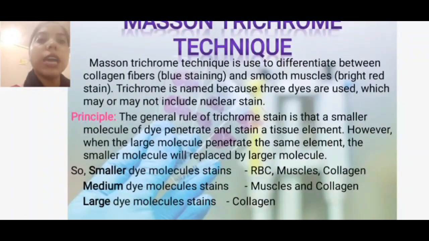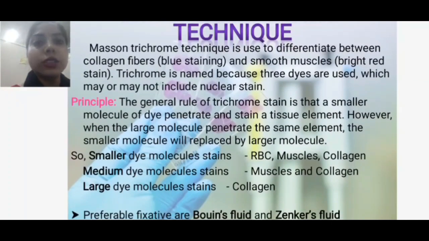So, smaller dye molecules stain RBC, that is red blood cells, muscles, collagen, and medium dye molecules stain muscles and collagen. Larger dye molecules will stain collagen, and preferable fixatives used in this stain are Bouin's fluid and Zenker's fluid.